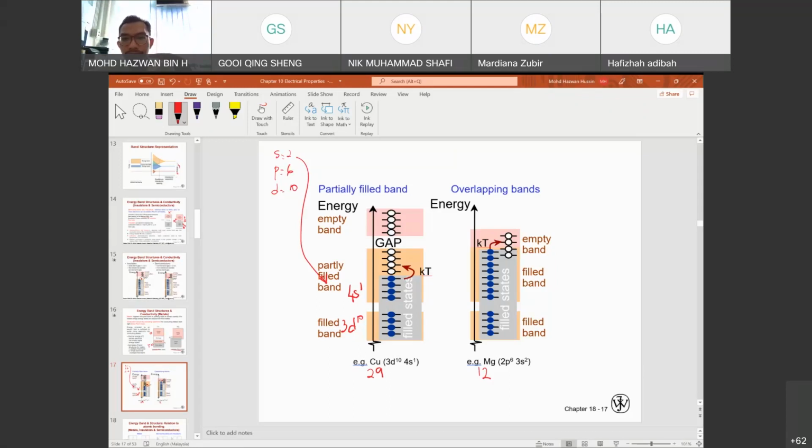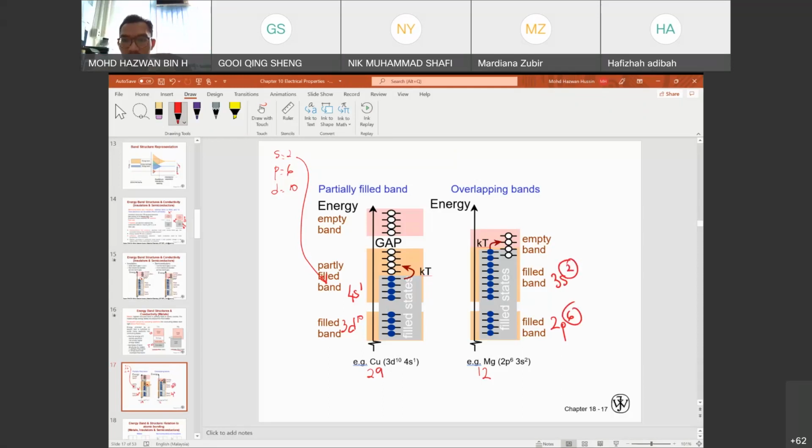And how about magnesium? Magnesium has a filled band. It has 2p6 and then 3s2.